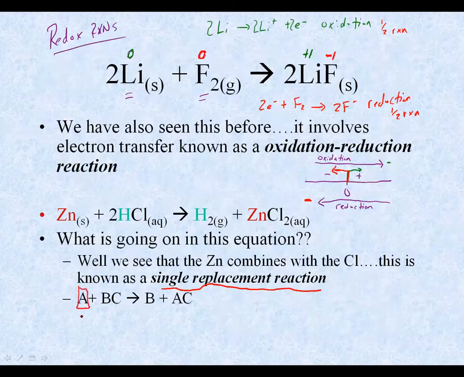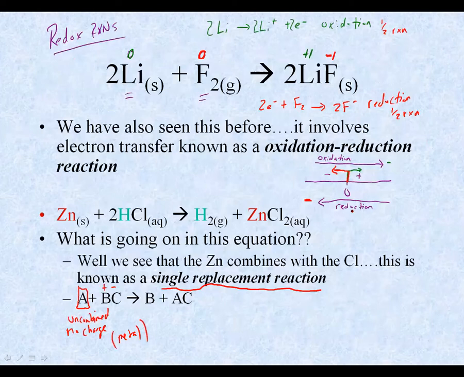So this is uncombined. No charge. So this could be a metal, for example. And we will have an ionic compound like this, something that's positive, negative.